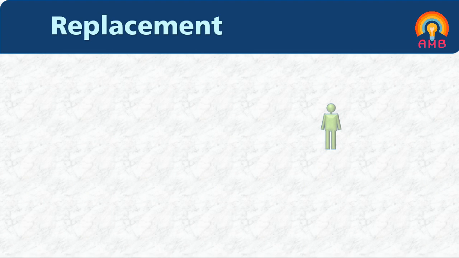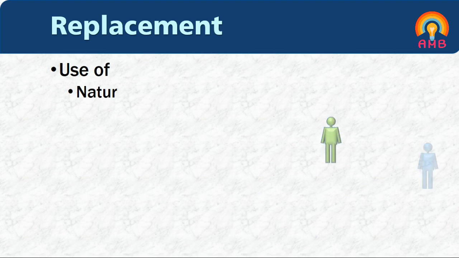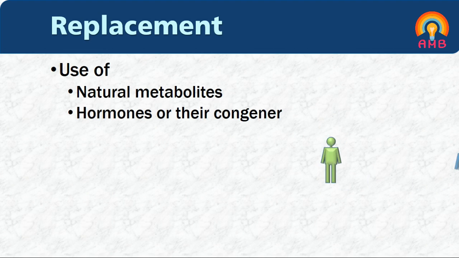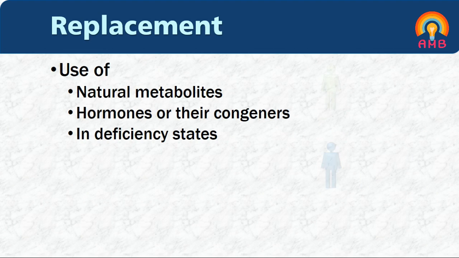In such deficiency states, we can use hormones or chemicals or natural metabolites to correct the deficiency. This use of natural metabolites, hormones or their congeners in deficiency state to correct the deficiency is called replacement action.